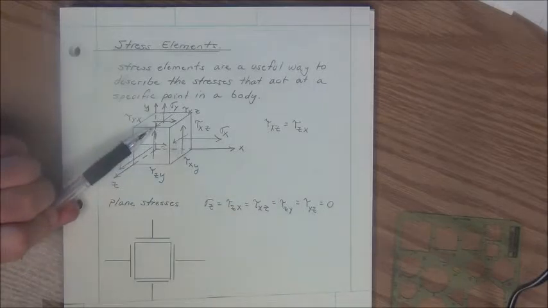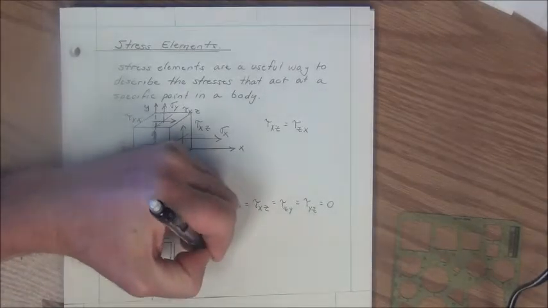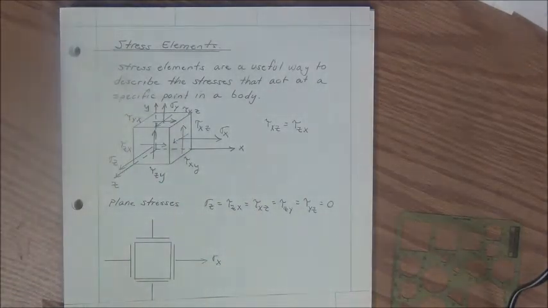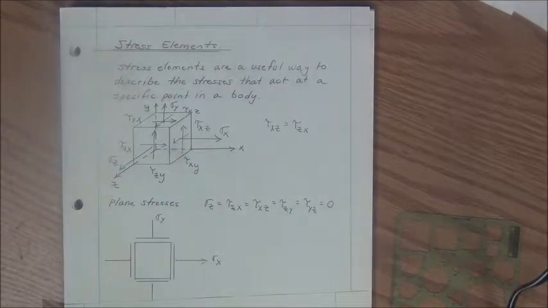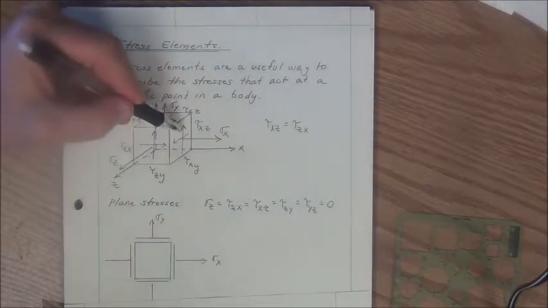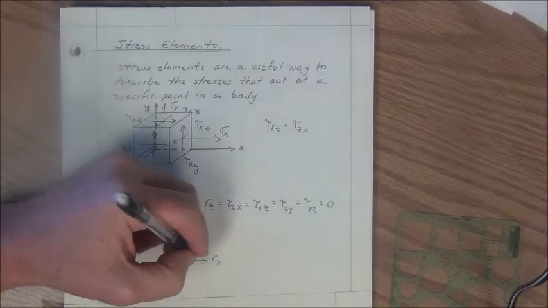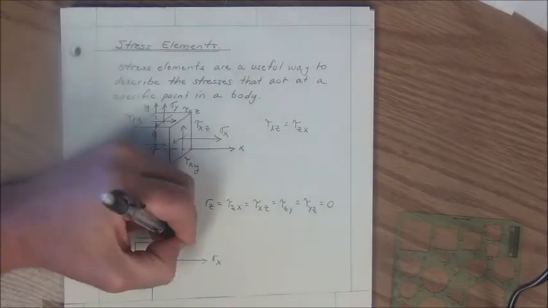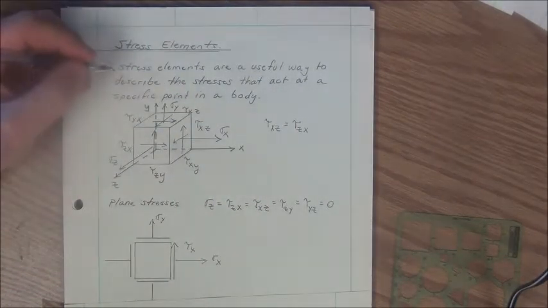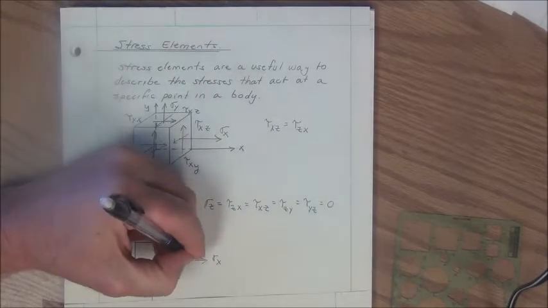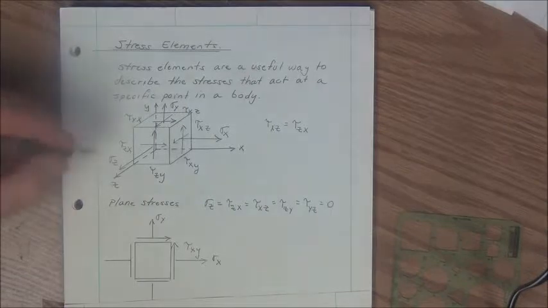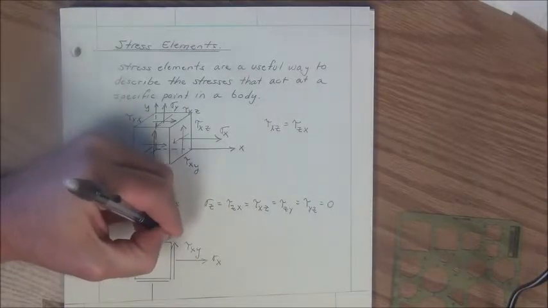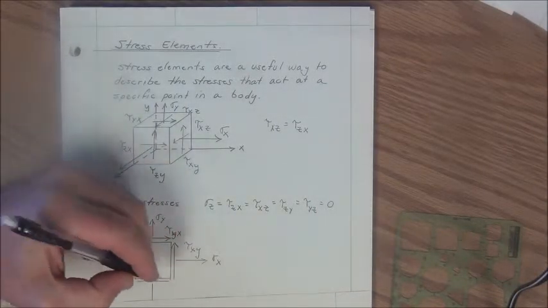Looking into the z direction, we would have a sigma x acting in that direction, a sigma y acting in this vertical direction, and the only shear stress we would have would be tau xy, and on this plane tau yx.